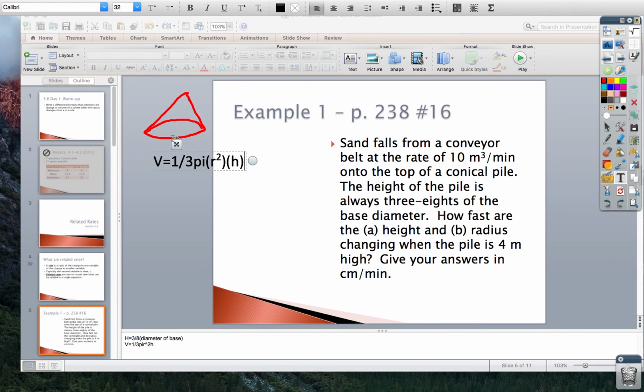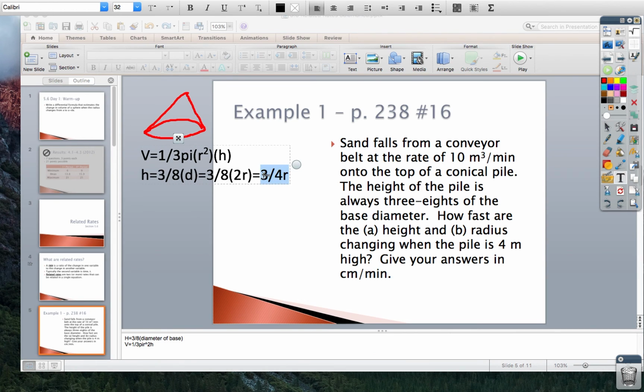This is the volume for any cone. The other thing they mention is that the height is 3/8 the base diameter. So h equals 3/8 d, or 3/8 times 2r, because the diameter is equal to 2 times the radius. And finally 3/4 r is our most simplified version of that.